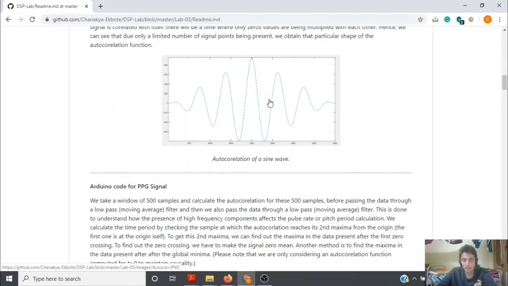I mean, we get a zero mean signal first, and then we find the first point where the zero is crossed. This line corresponds to 0 and it crosses the 0 here. So if you find the next maxima after the 0 crossing, which will obviously be this, you can easily get this time duration and then find the time period.